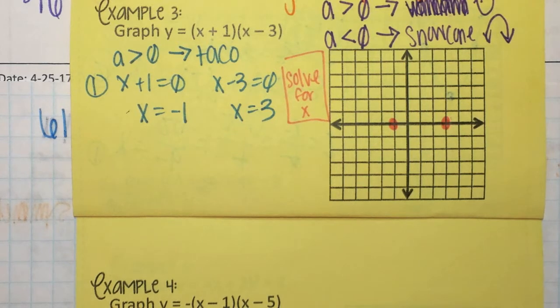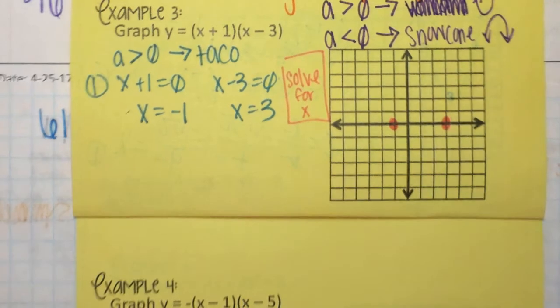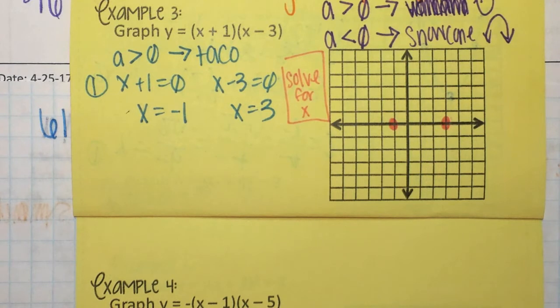Now, what else do we have to be able to graph a parabola? The axis of symmetry and the vertex. How do you think we would find the axis of symmetry? It's the middle. It's the average of the two.